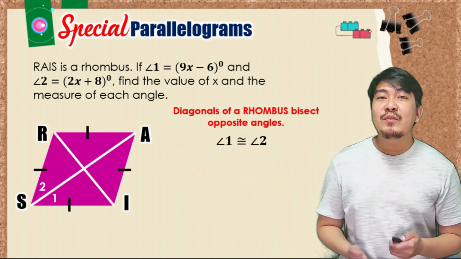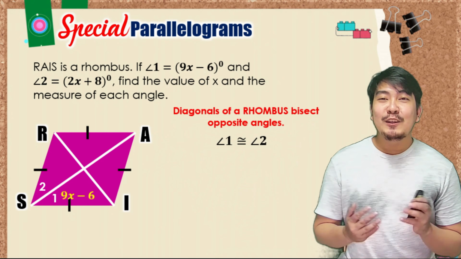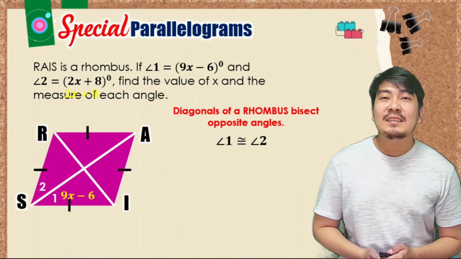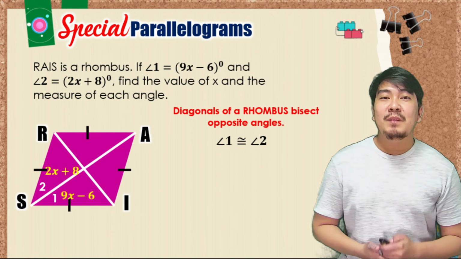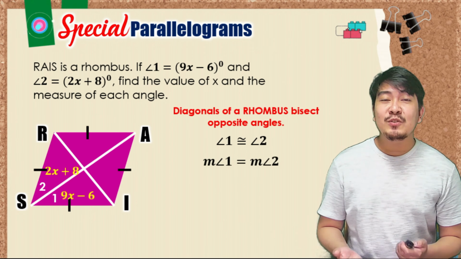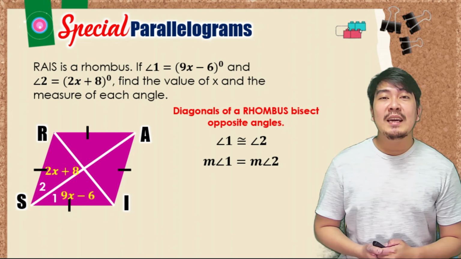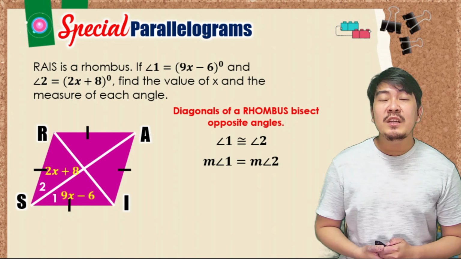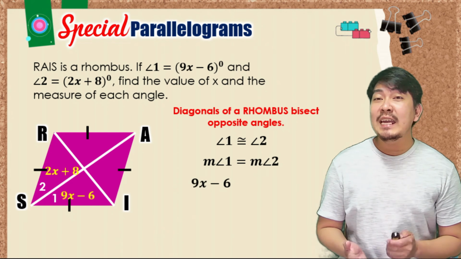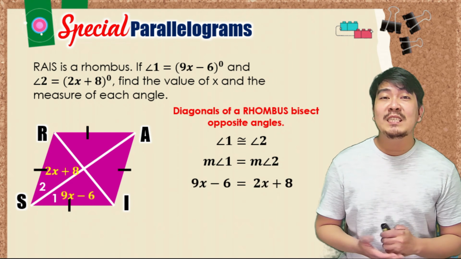So let us now have the given. Angle 1 is 9x minus 6 and angle 2 has the measure 2x plus 8. Since the angles are congruent, we can say that their measures are equal. Measure of angle 1 is equal to the measure of angle 2. So if we are going to substitute, that will be 9x minus 6 is equal to the measure of angle 2, that will be 2x plus 8.